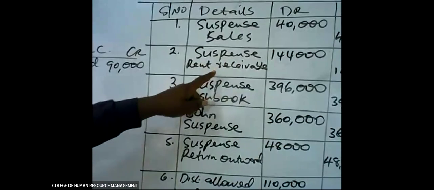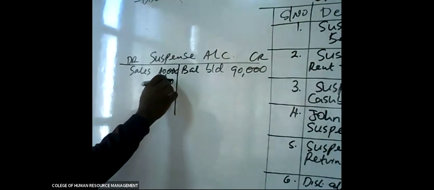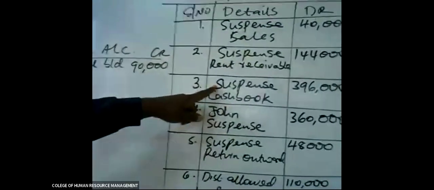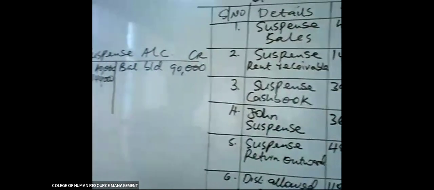So you debit the suspense account by 144,000. The other account is rent receivable. Number three, suspense account has been debited by 396,000. The other account is cash book. So we debit 396,000.